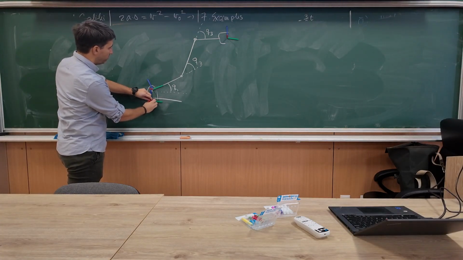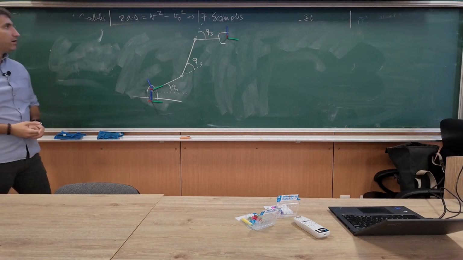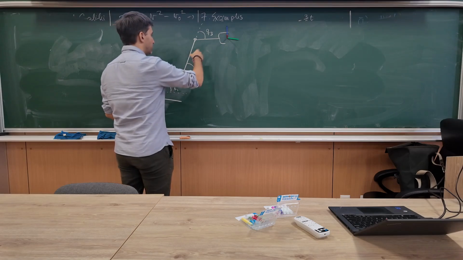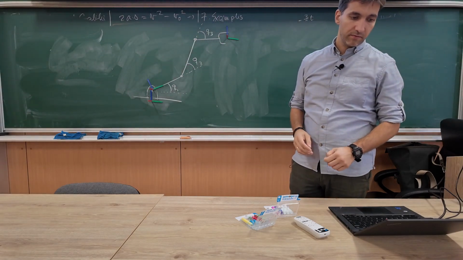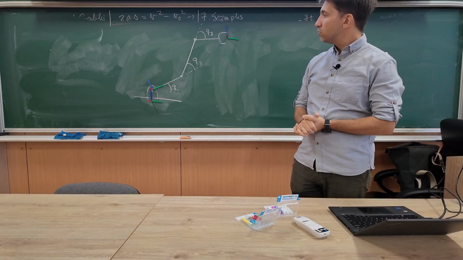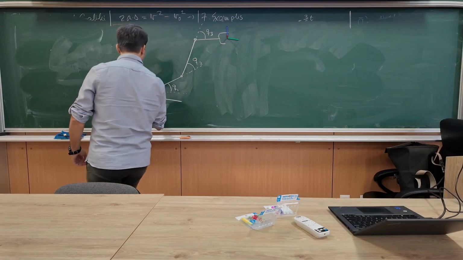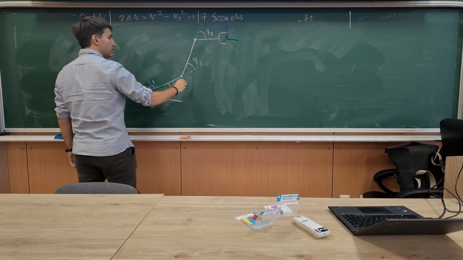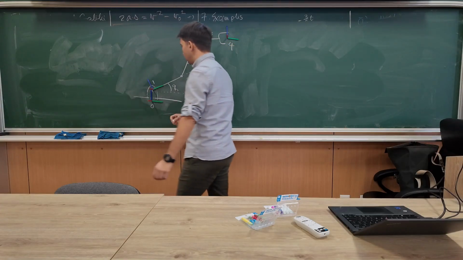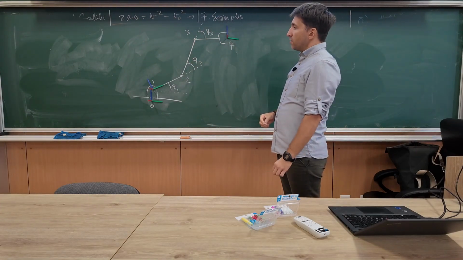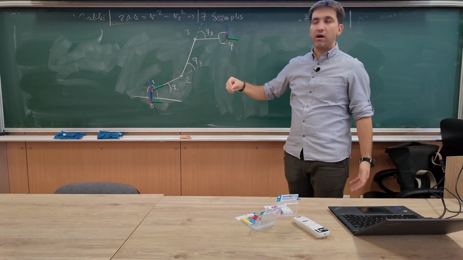I'll put it a bit lower here. And I'll move once we need more. Good. Again, I have frame 0 here, frame 1, I will have a frame 2, a frame 3, and eventually the frame 4. All right. Let's start with the first transformation, R01.